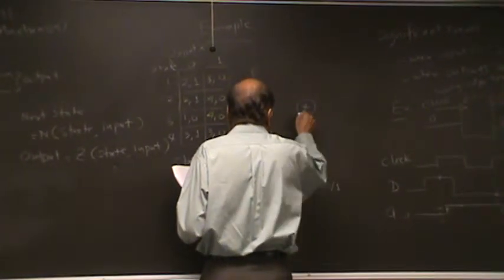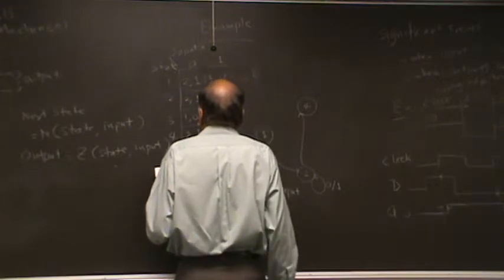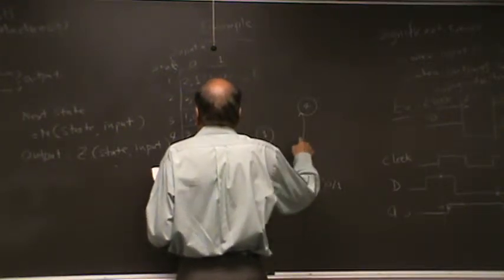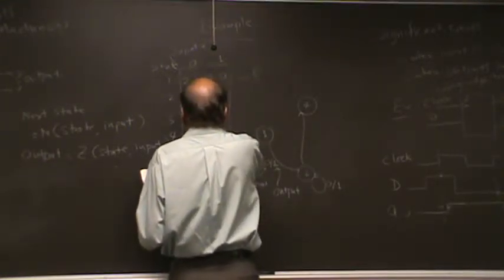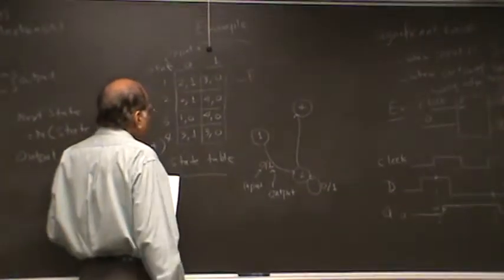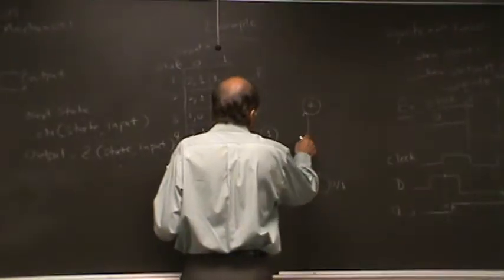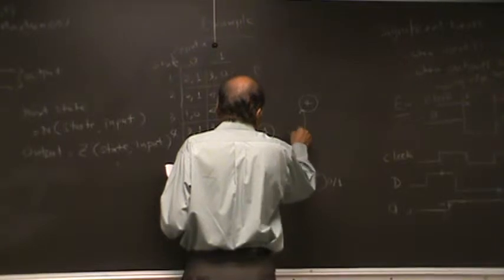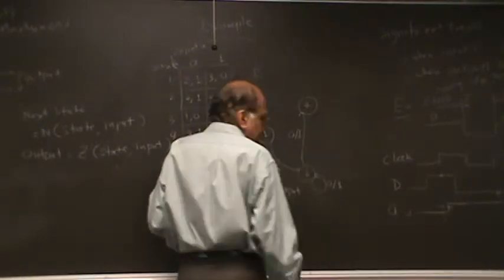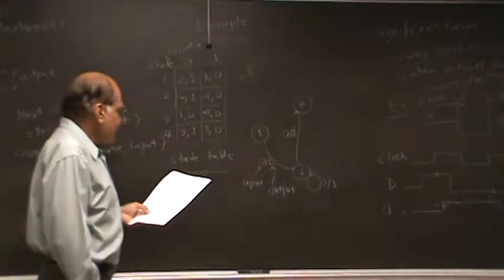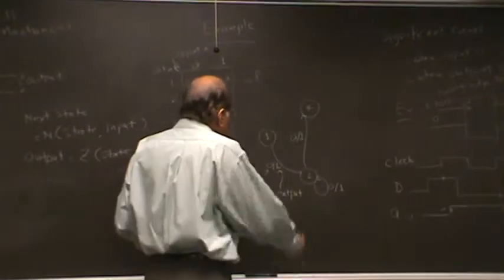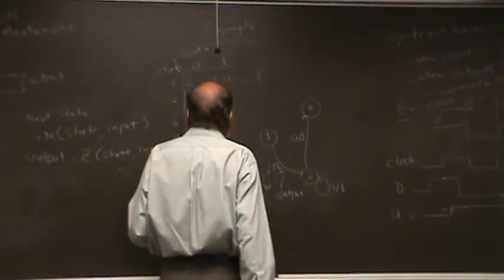So here is 4. And when we are looking at state 2 here, so 2 comma 1, so when input is 0 the corresponding output is 1, and so that takes care of all the possibilities for state 2.